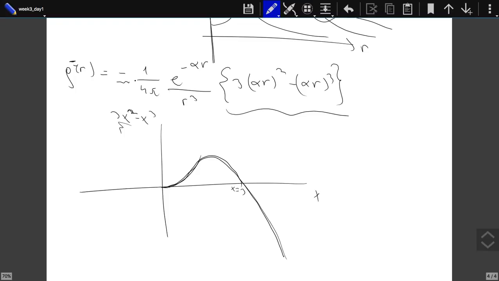The nuclei is also somehow spread over the atom in this model. Also, we have no gaps in the charge distribution. Well, there is one gap in this model. When r is equal to 3 over alpha, there is a gap. When alpha r is equal to 3, the charge density is 0. But it's just a sphere.